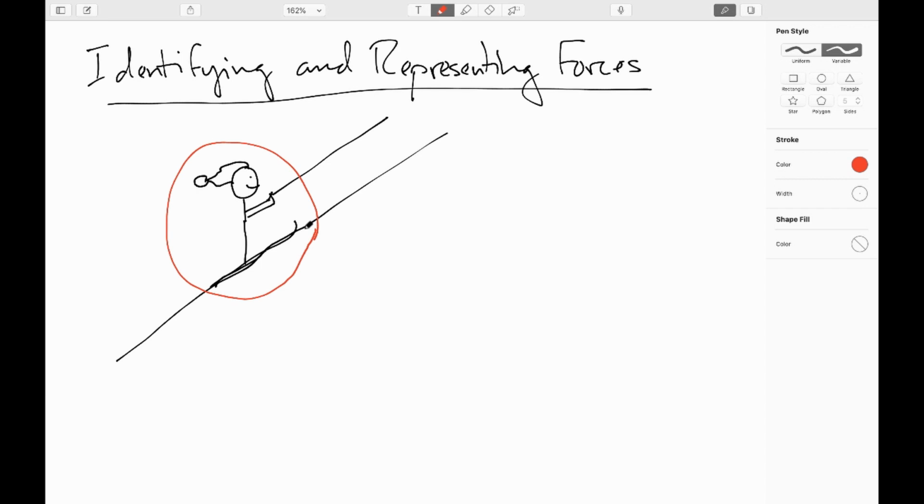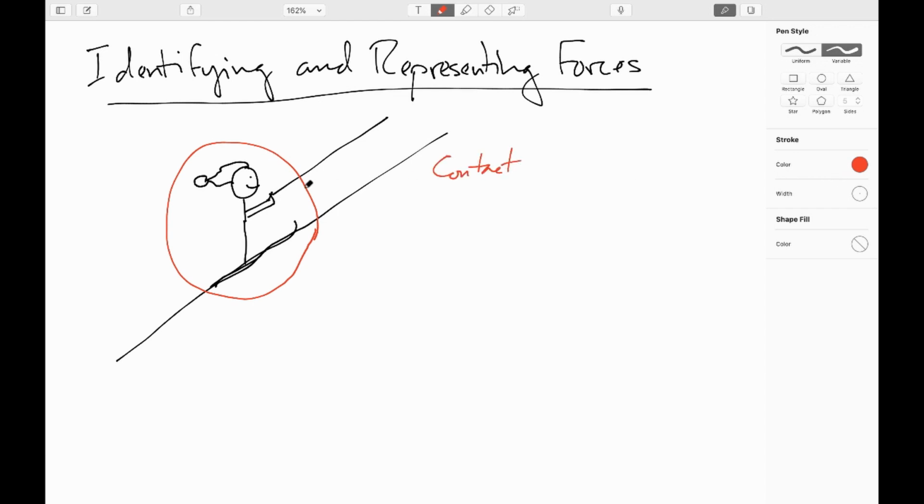Now, this will help you to identify the contact forces that are in the problem, because every time the circle cuts through something, that's a contact force that's going to be exerted on the object. So we can go ahead and label our contact forces.